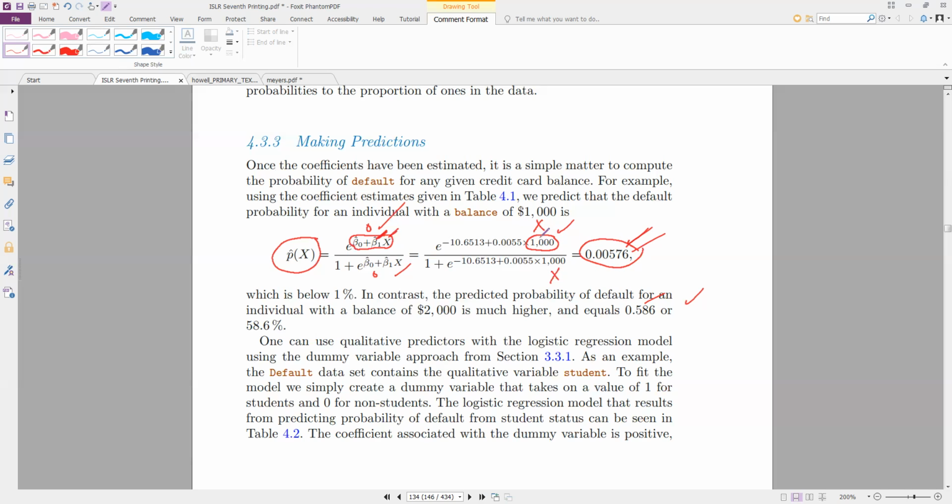So you've input x, you've exponentiated the logit, and you're getting the predicted probability of the default value. But again, you see how this is working, right?